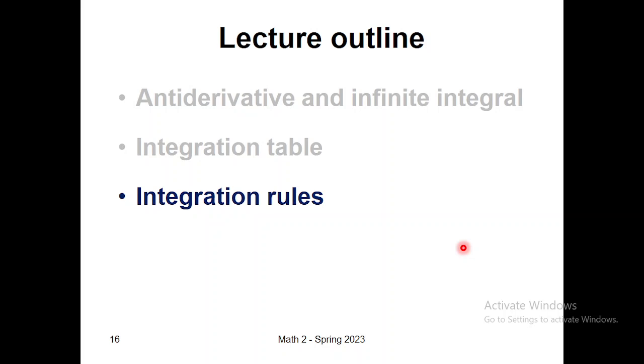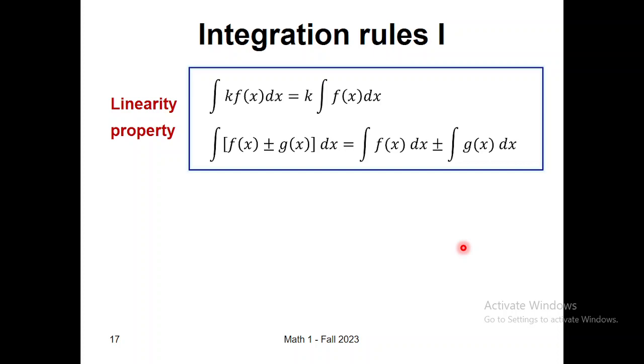As I said in the introduction, actually we are going to consider in Math 1 three integration rules. In this report, we are going to consider the first one of them. And in the second report, we are going to consider the second and third rule. This first rule is usually called the linearity property, which is similar to the similar property in differentiation.